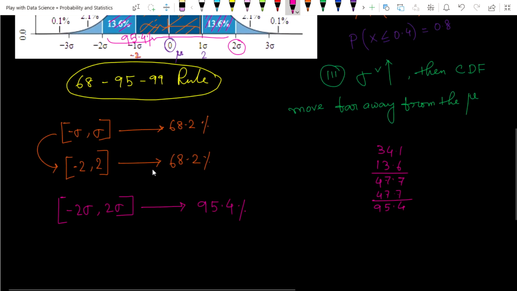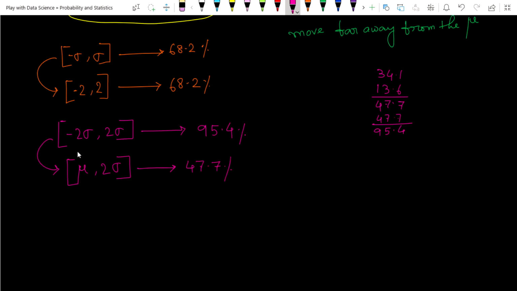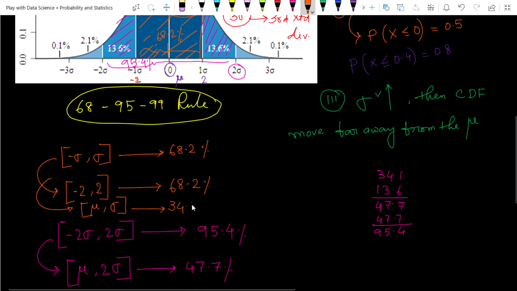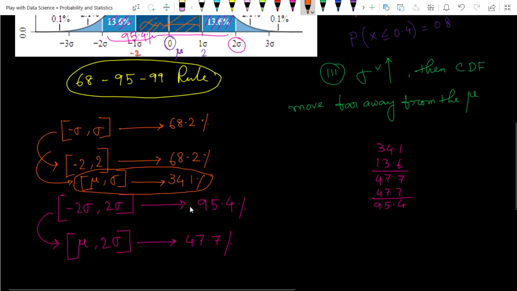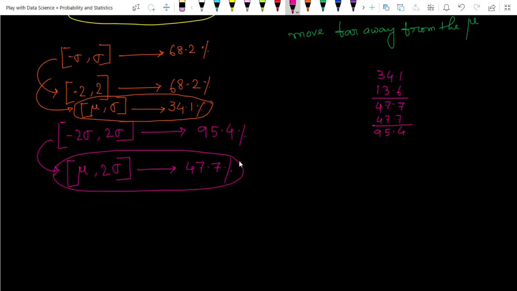Put another way, between the mean and the second standard deviation we have half of that, 47.7% of the points. Similarly, between the mean and the first standard deviation we have 34.1% of the points, and between the mean and the second standard deviation we have 47.7%.